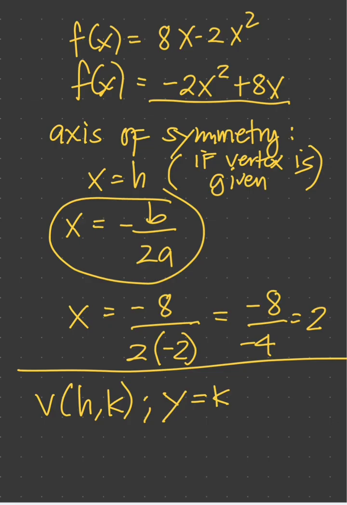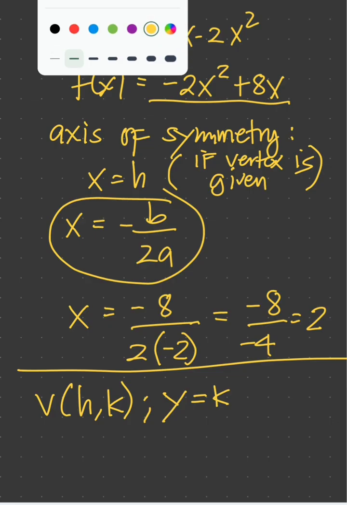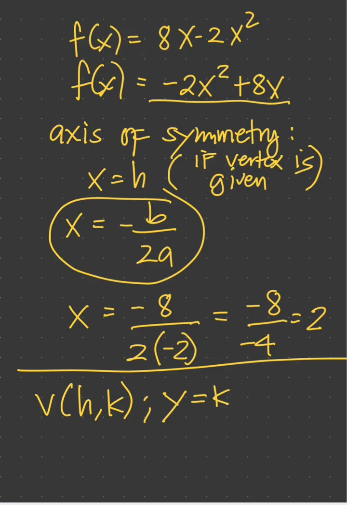Okay. So this is our equation. We need to write this in vertex form. Vertex form is y equals a times (x minus h) squared plus k. I think we need to do completing the square. Again, the function f of x equals 8x minus 2x squared.